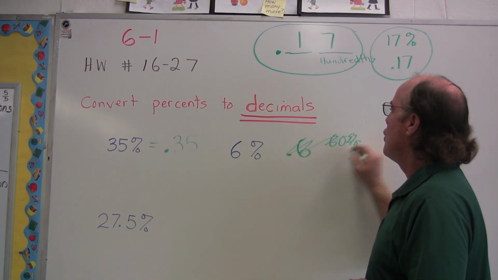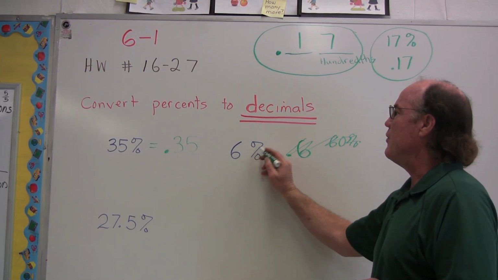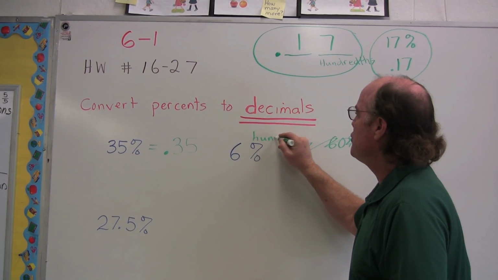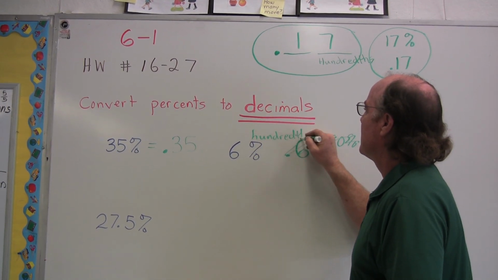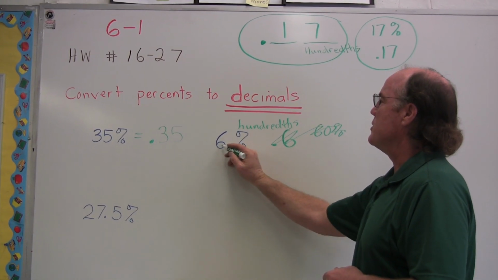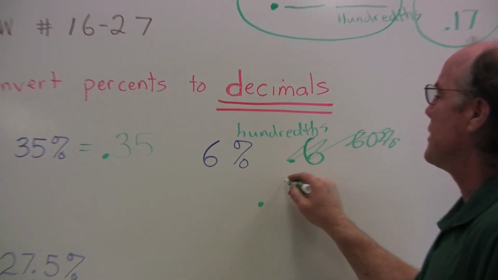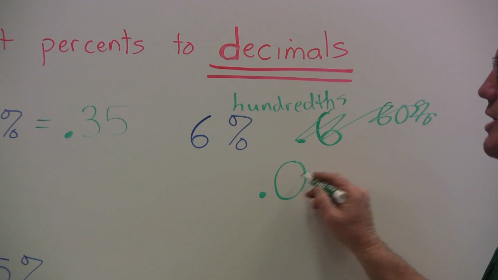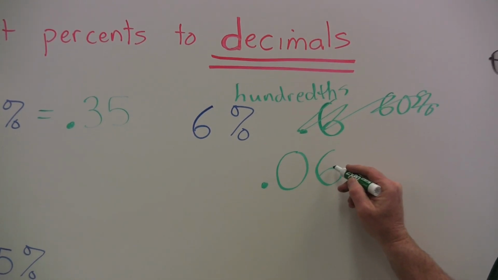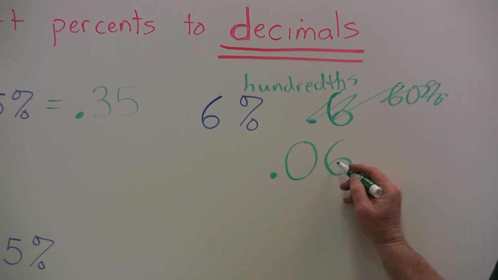No. Remember, if we just say the word hundredths here, so instead of percent we say 6 hundredths. Remember what 6 hundredths is. 0 tens, 6 ones, here we go, 6 hundredths.